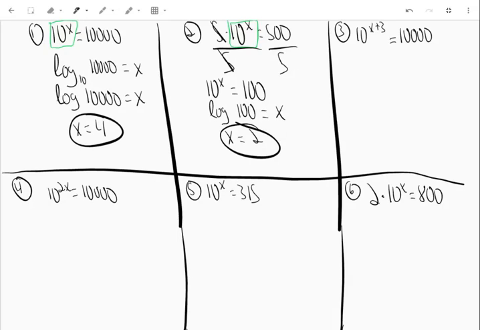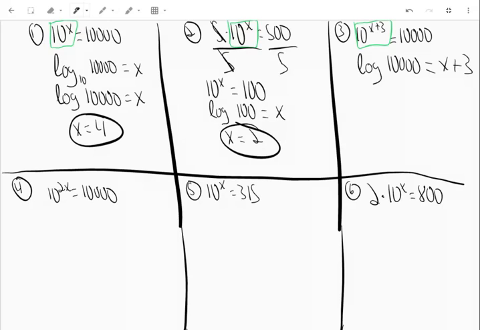Number 3, 10 to the power of x plus 3 equals 10,000. Again, step 1, isolate the term with the exponent. It's already isolated, so I will go ahead and rewrite this in log form. So log base 10 of 10,000 equals x plus 3.